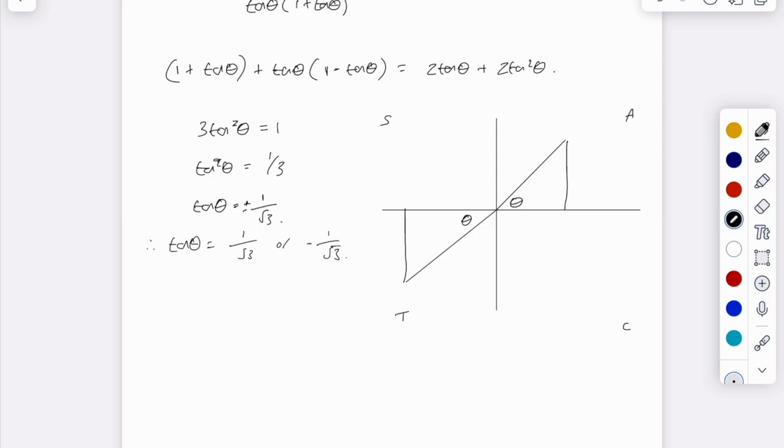What we then get, okay, is the basic angle being 30 degrees.